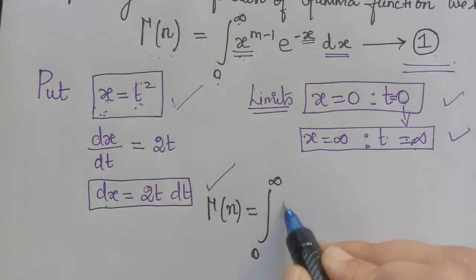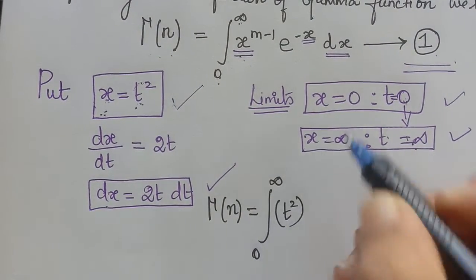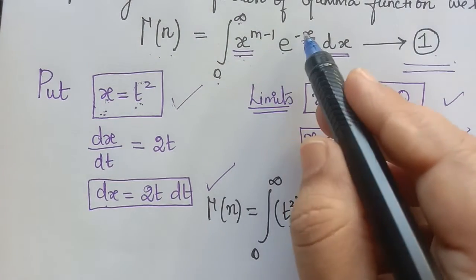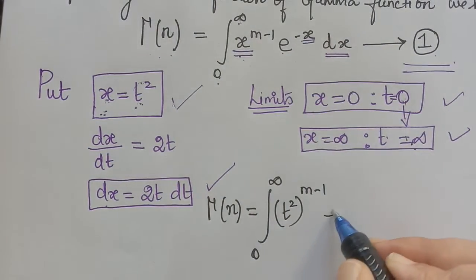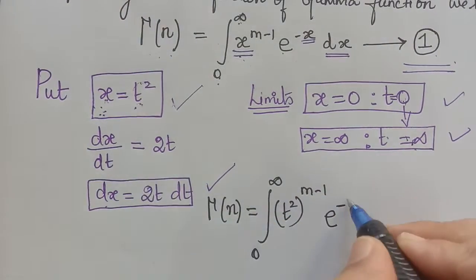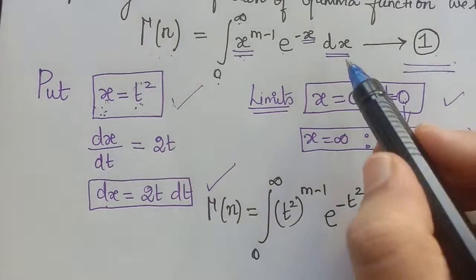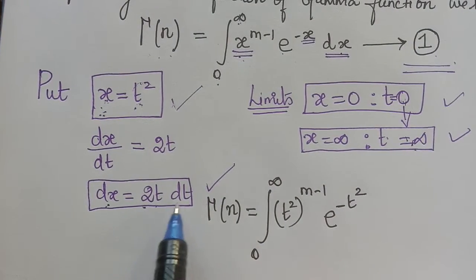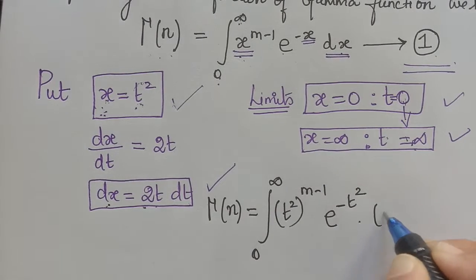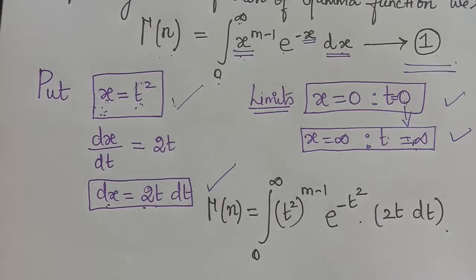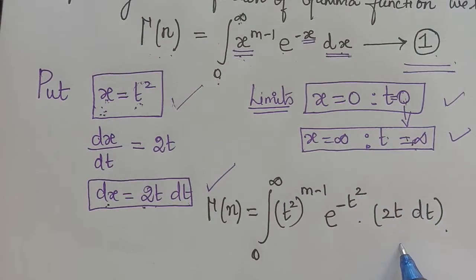So it will be t square the whole power m minus 1 multiplied with e power minus x. So e to the power negative, what is x? x is t square. And then dx. The value of dx is equal to 2t dt. So multiply this with 2t dt. So now we have transformed this function gamma of n.